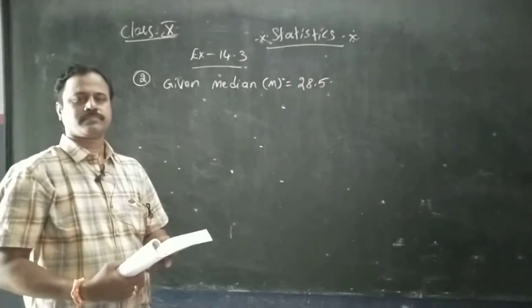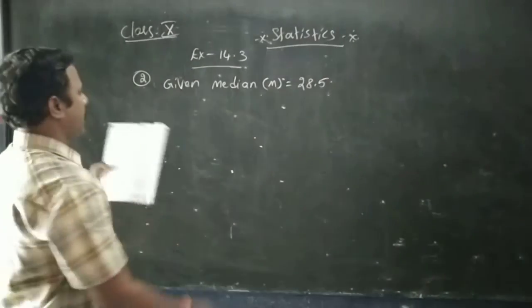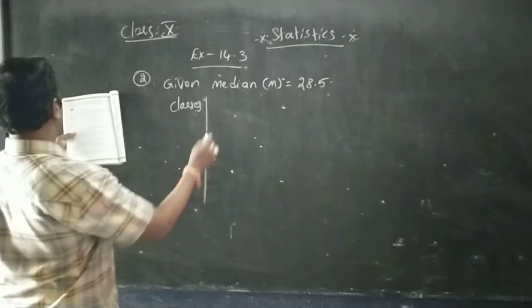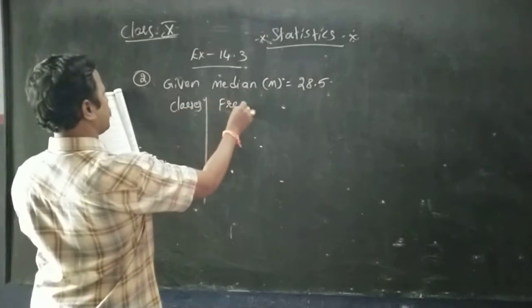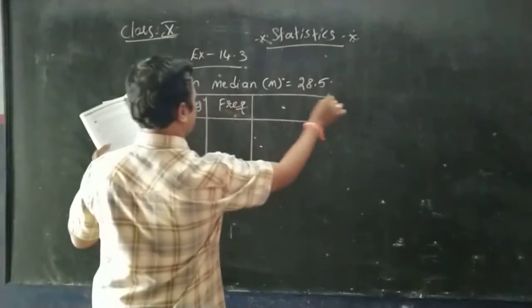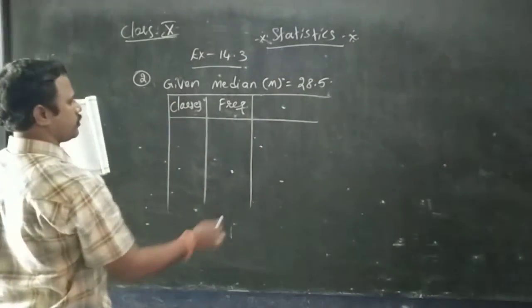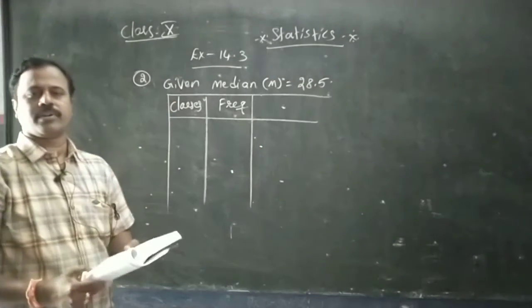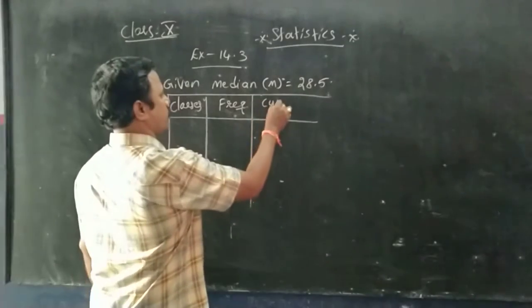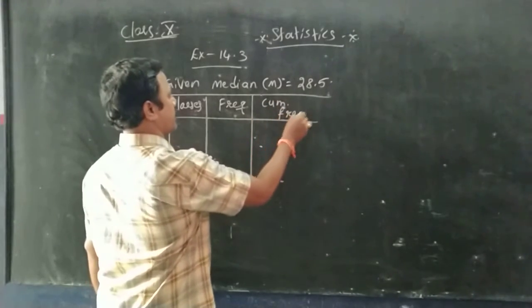And the classes, whereas the frequencies are given to us. I know all of you know what we should use, the third column, to find the median. It is nothing but cumulative frequency.